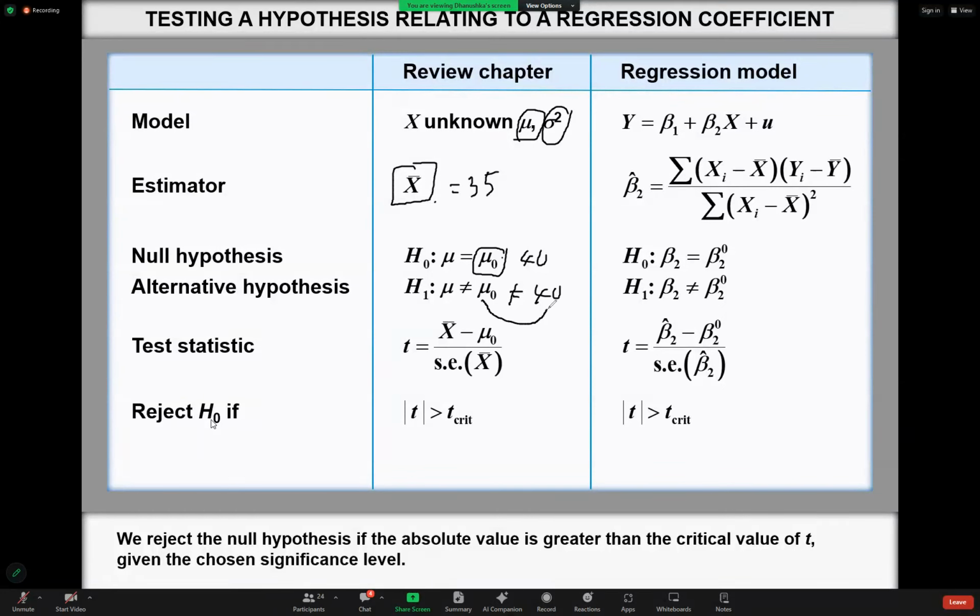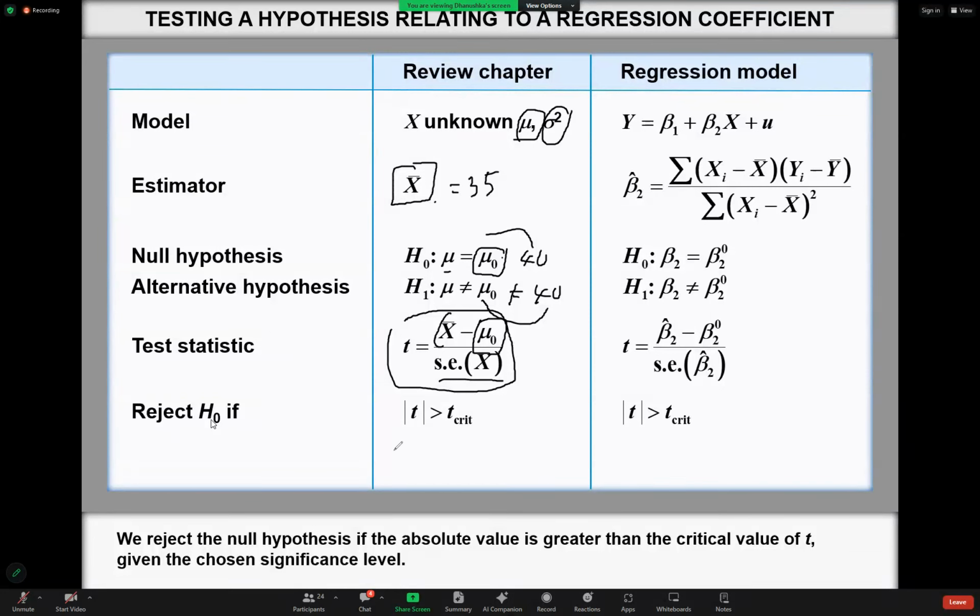Then you have an assumption that the population mean is equal to 40. Then the alternative is population mean not equal to 40. Then this is what we call the test statistic. X bar is from the sample, the population mean, and the standard error of the mean.